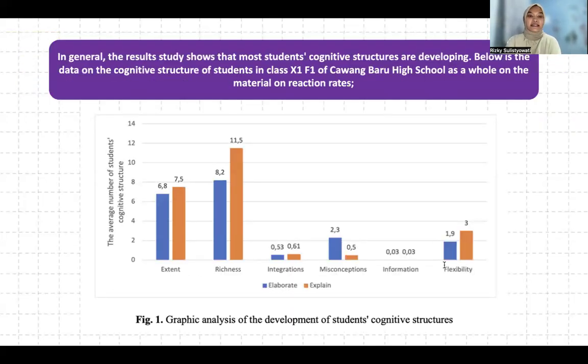In general, the results of the study show that most student cognitive structures are developing. Below is the data of the cognitive structure of class 11 students of Chawang Baru High School as a whole in the material of reaction rate. Based on the graph above, it can be seen that the cognitive structure of students depicted in the flow map at the explain stage, in all variables other than the misconception variable, has a greater percentage compared to the flow map in elaborate.